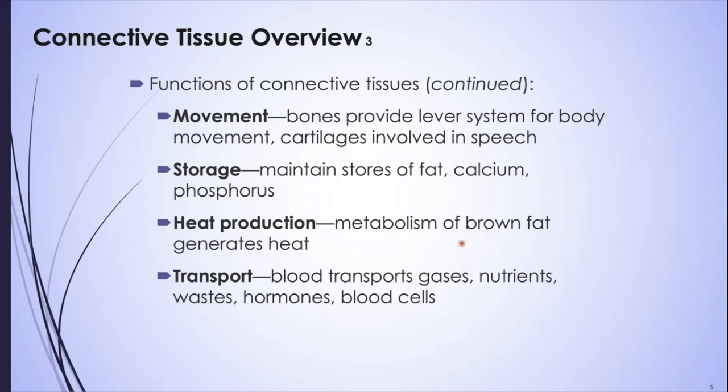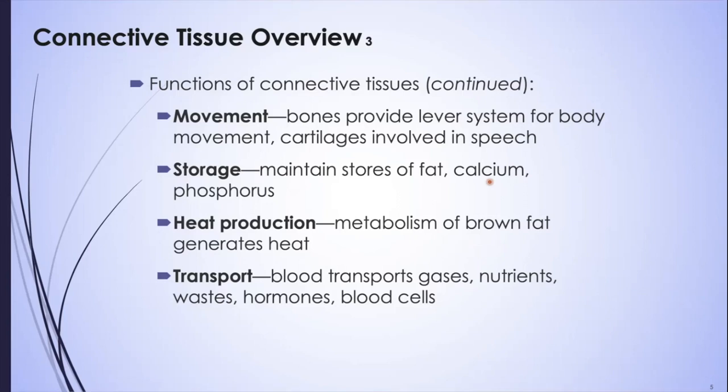Storage. Main storage of fat, calcium, phosphorus. So we are going to store our large biological molecules and other minerals and other organic components in there. I say organic because phosphorus is organic versus calcium is inorganic.